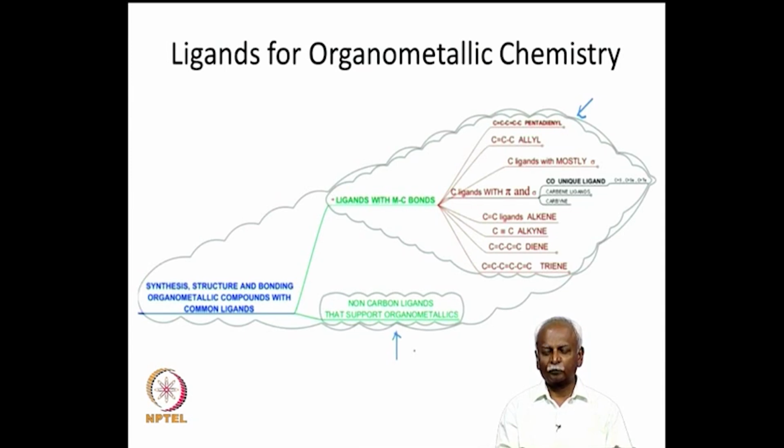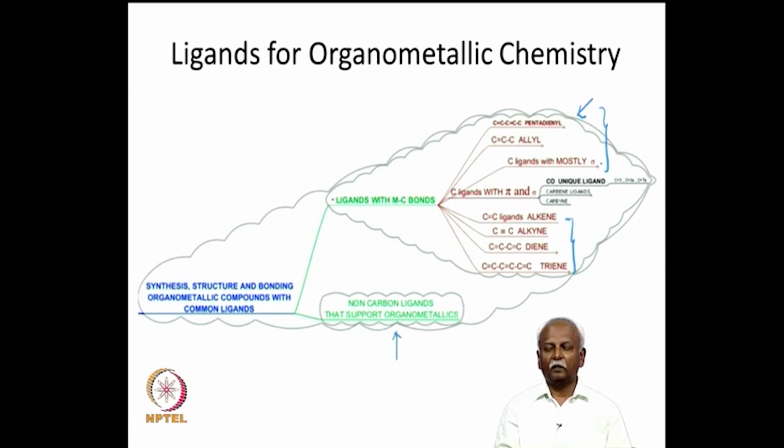So, if you take the ligand space which has only metal carbon bonds, you can divide them roughly into two groups. One group is the one which has got an even number of carbon atoms bonded to the metal, and these are alkenes, alkynes, dienes and trienes. So, it is this group that we are talking about. And in the second group, we can talk about a series of ligands where we have an odd number of carbon atoms bonded to the metal, and these are listed on the top.